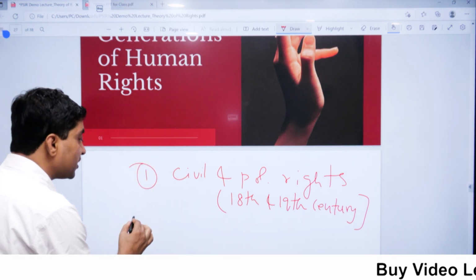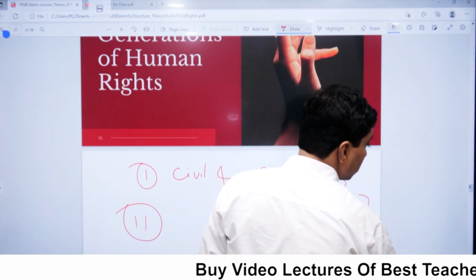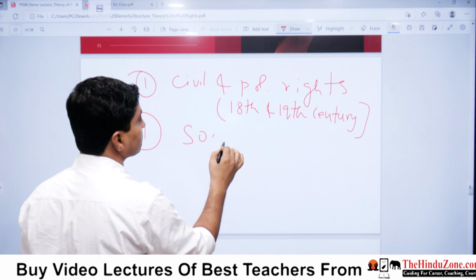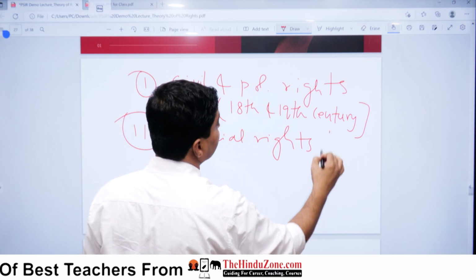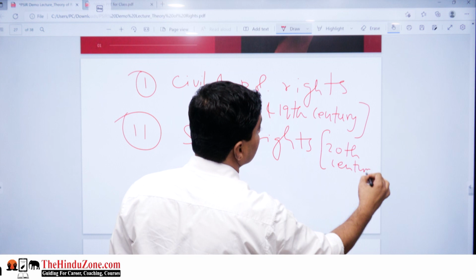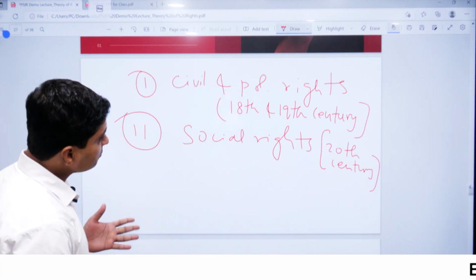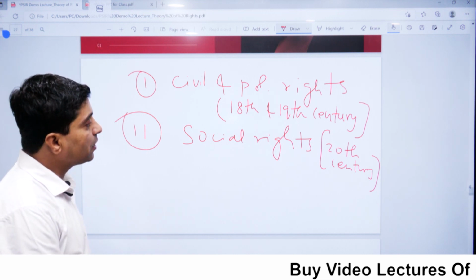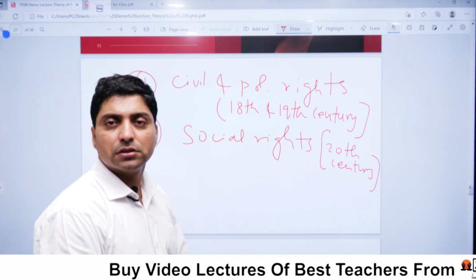Then what are the second generation of rights? He talks about social rights. Social rights evolved in the 20th century. For example, right to health, right to education, right?